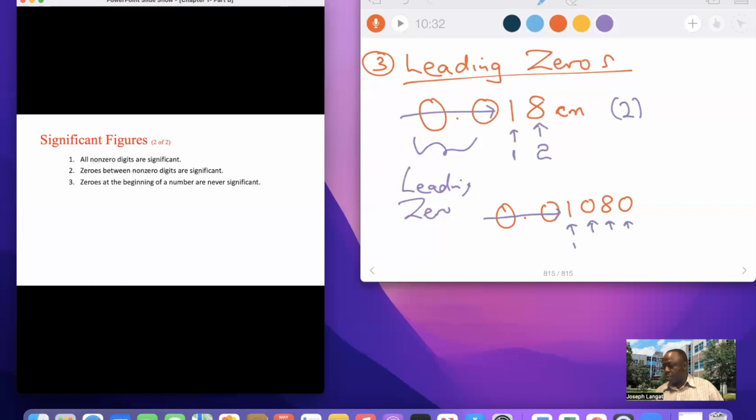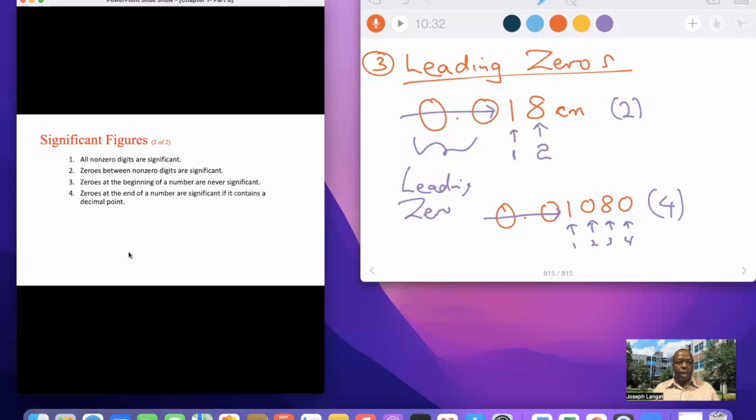This one has 4 significant digits. A zero after a non-zero digit, when there is a decimal place, does count. Now, those are leading zeros.